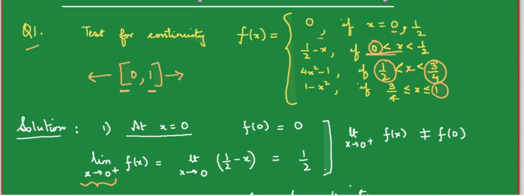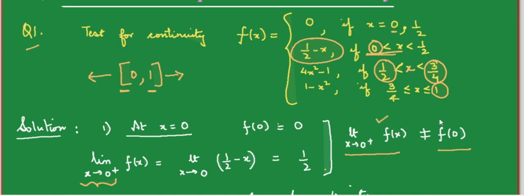So we consider this definition of f when we are on the right of 0, and that gives us 1/2 minus 0, because when x tends to 0 it becomes 1/2 minus 0, that's 1/2. Since these two are not equal, the limit is not the same as f(0), and here the limit will be the one-sided limit only. We will not be bothering about the left hand side as I have told you just now.